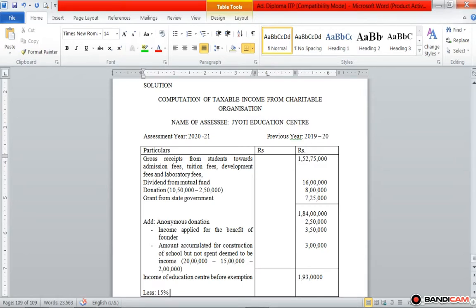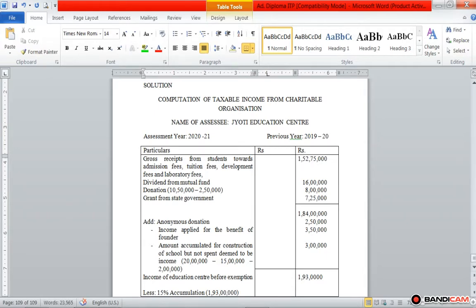Accumulation means it is exempted, and this income is kept aside for the meeting of future expenses. So here less accumulation, that is on 1 crore 93 lakh.